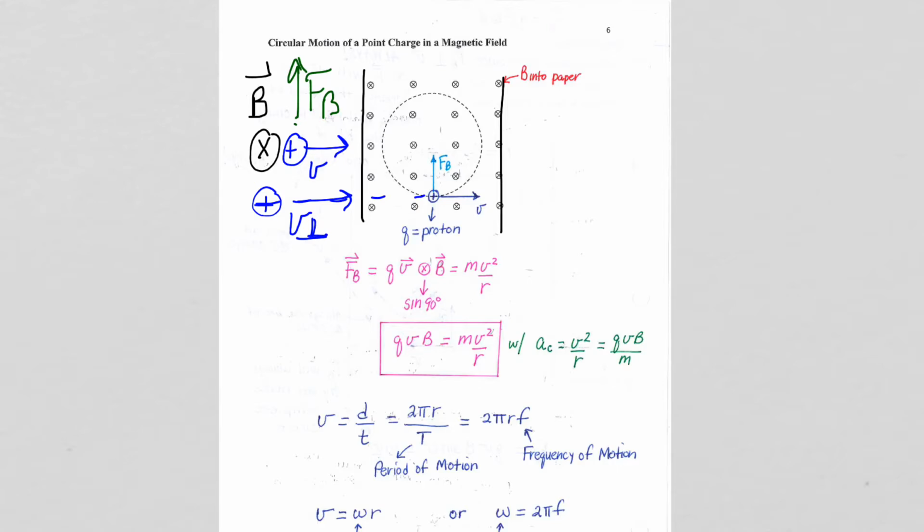So the charged particle is not spiraling into the page or out of the page because we didn't add a velocity into the page or out of the page in this example. We simply did qv cross B, where we had 90 degrees between them. That equaled mv squared on r, and we got our circular motion in the plane of the page.